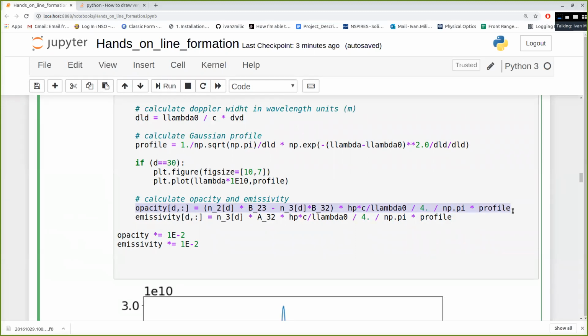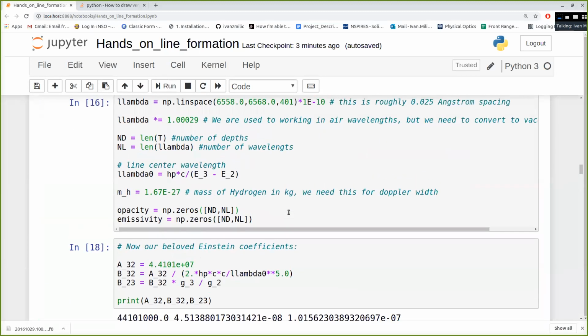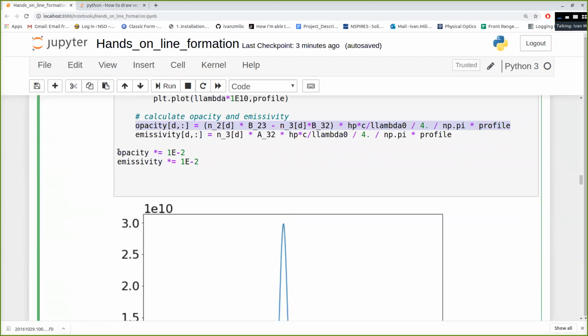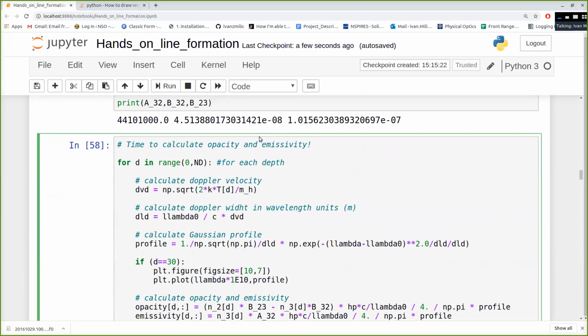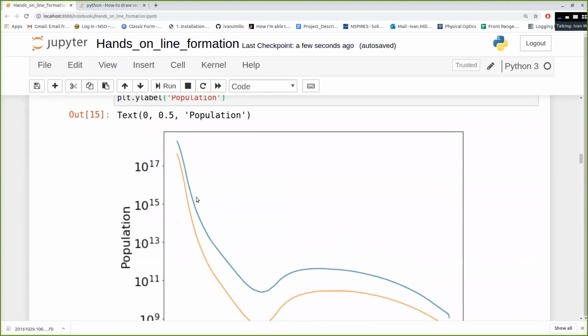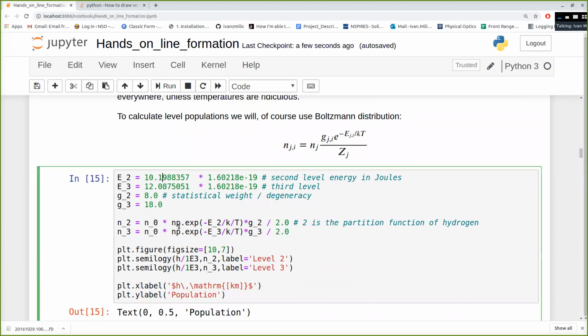What else? There are more subtle things. Let me first put opacity and emissivity back to how they were. Let me make another H alpha line where both levels are shifted up by, let's say, 1 whole electron volt.